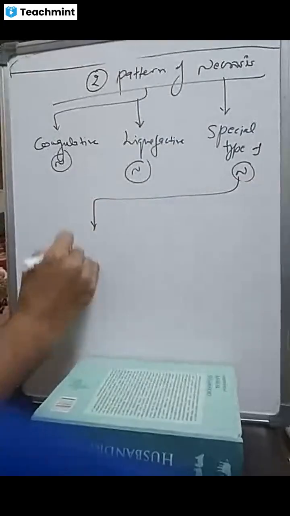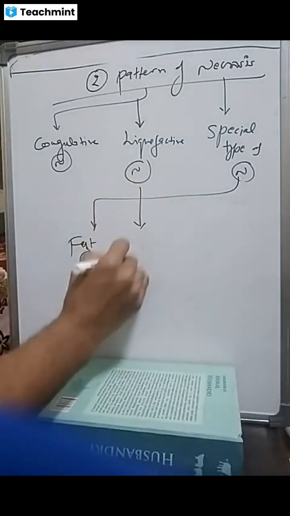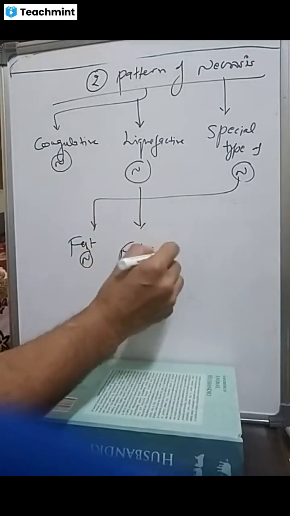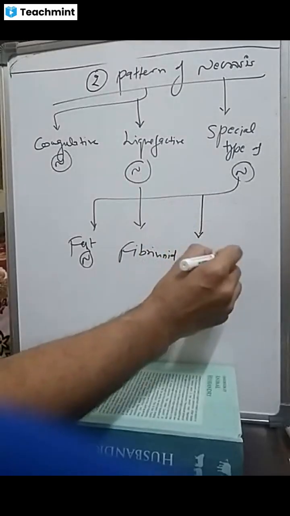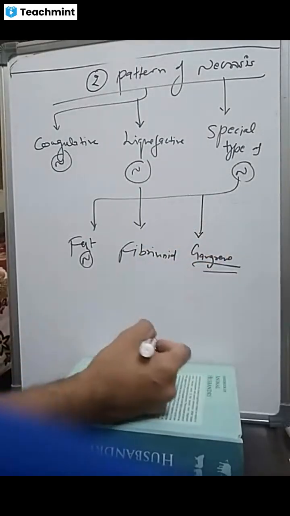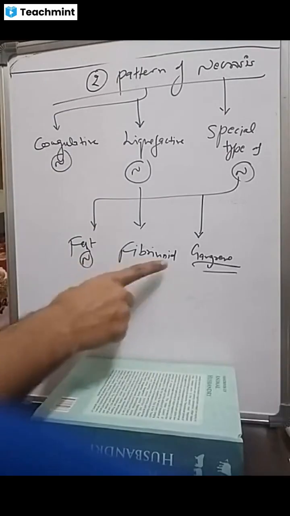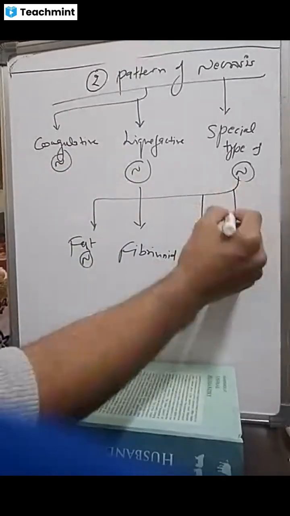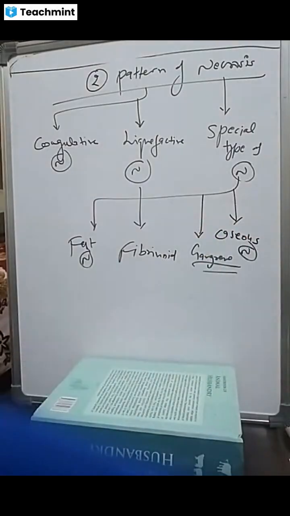In the special types, there is fat necrosis, fibrinoid necrosis, gangrene, which is also a special type of necrosis, and caseous necrosis.